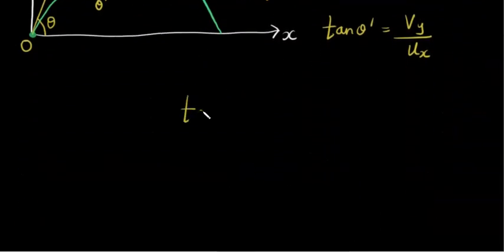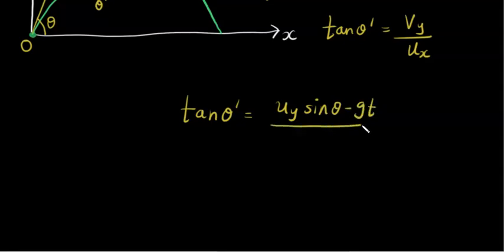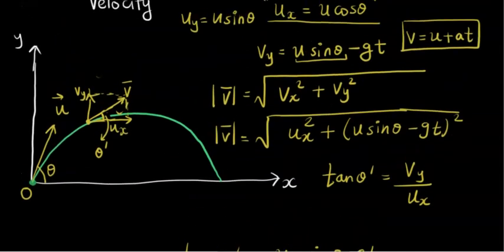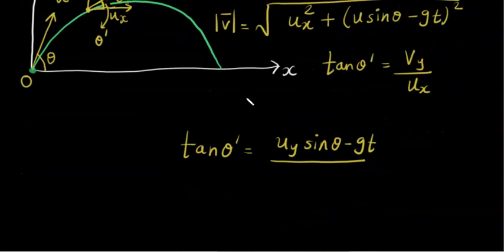So tan theta dash is equal to u sin theta minus gt divided by ux, which is u cos theta.